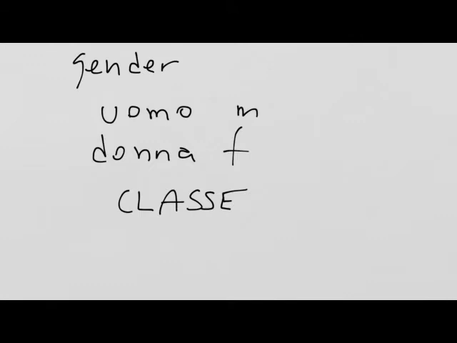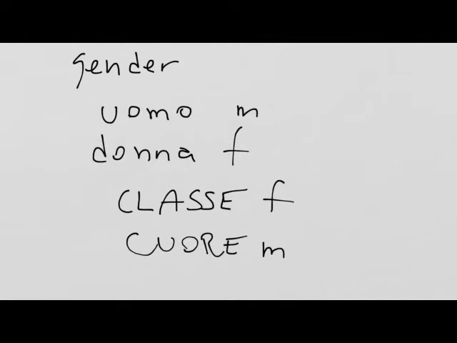Actually, no. Let's take something like cuore. Cuore means heart. Classe is feminine. Cuore is masculine. Why? Because of where the words derive from, Latin and Greek and so forth.